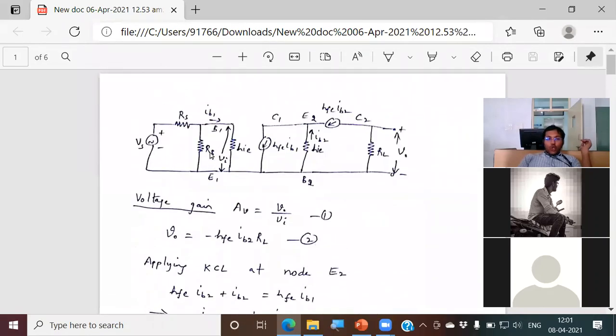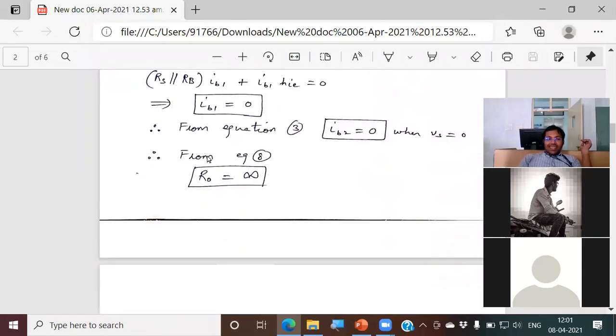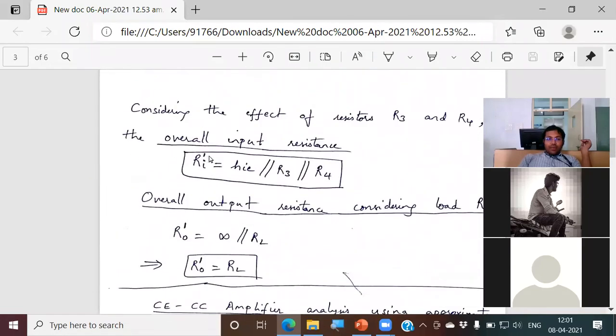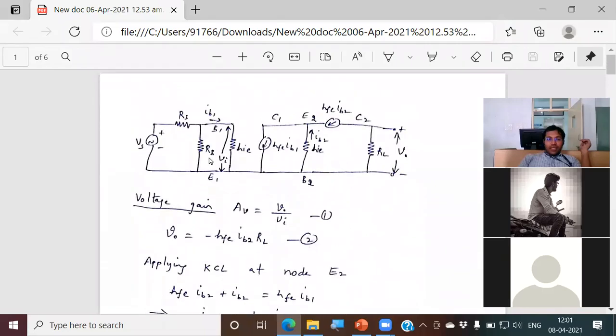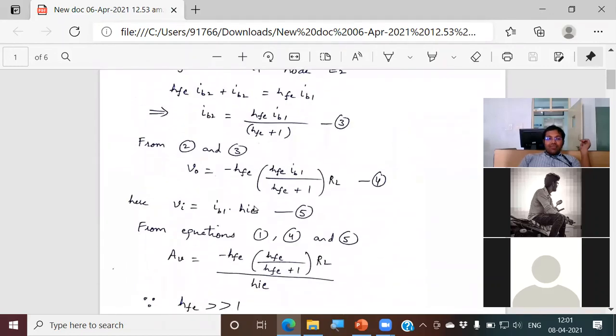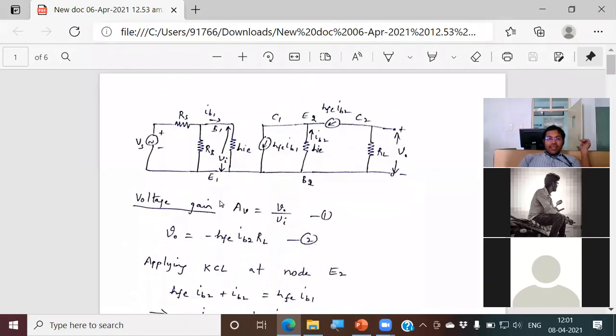When we consider the effect of RB, what happens? This RB is simply in parallel with the input resistance. Yesterday we found the input resistance is simply HIE, because when I look into the terminals B1 and E1 towards the right, there was only one term, HIE. But now I want to consider the overall effect, so I am taking RB.